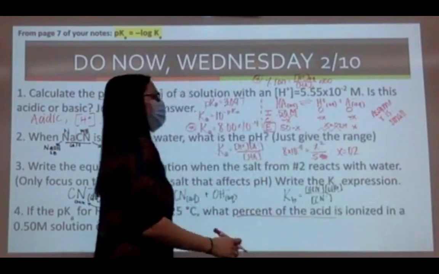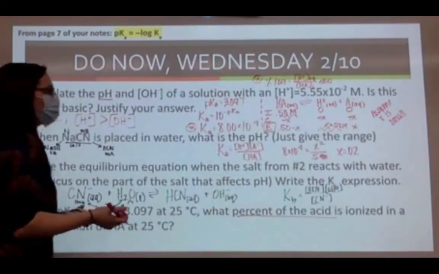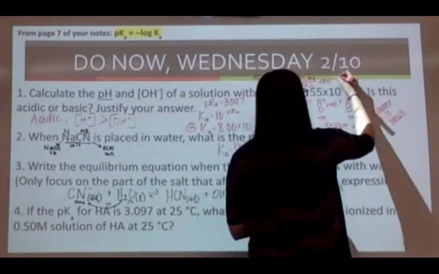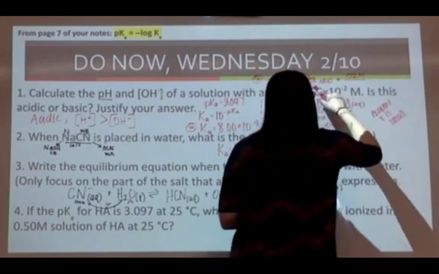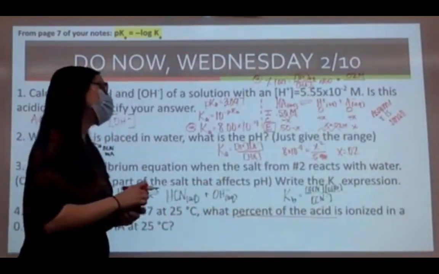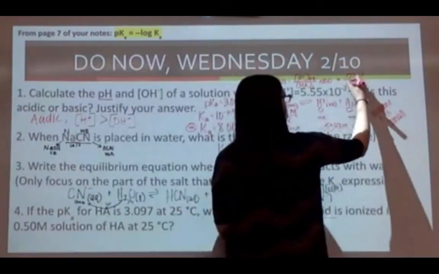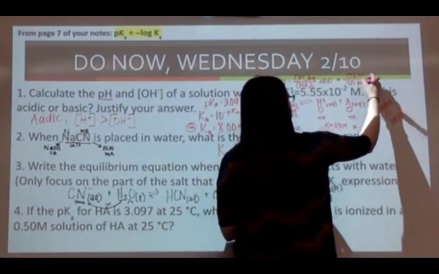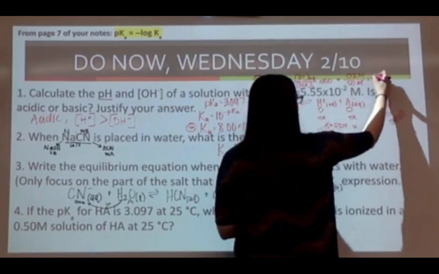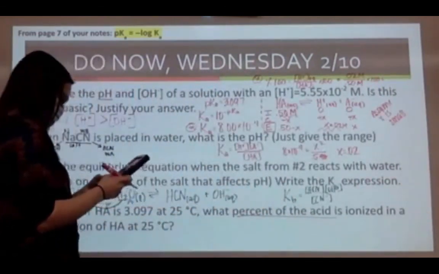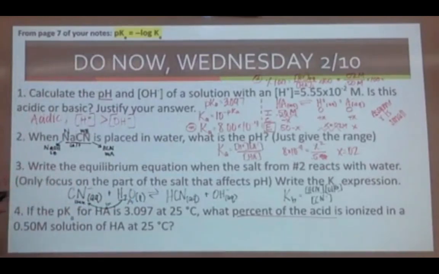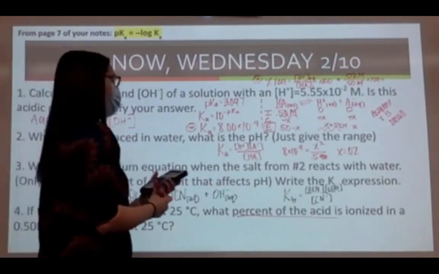So now I have H plus at equilibrium, 0.02 molar. I always have the initial concentration of the acid, 0.50 molar. I'm going to multiply by 100: 0.02 divided by 0.5 times 100.